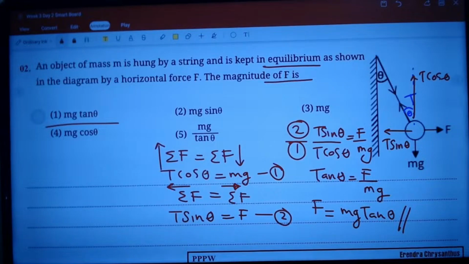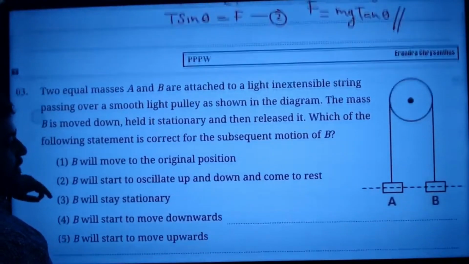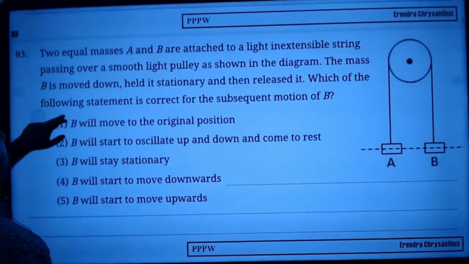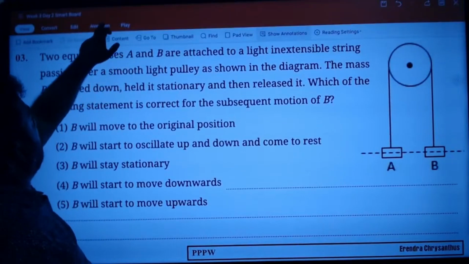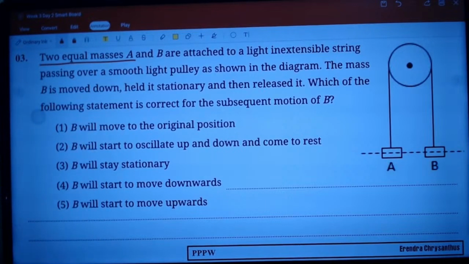Okay, now moving on. Two equal masses A and B are attached by a light string. The mass B is moved down, held stationary, and released.